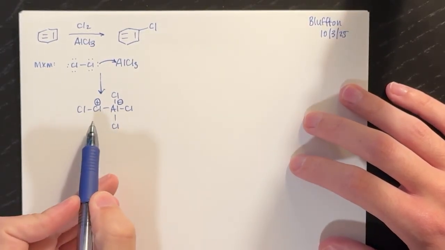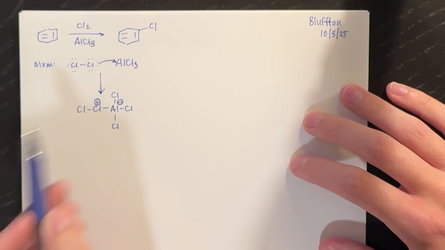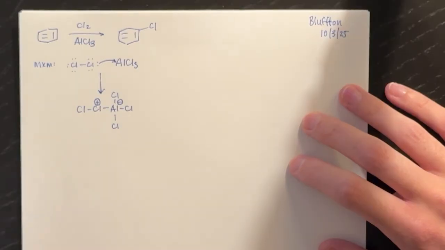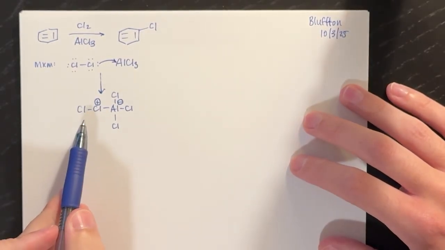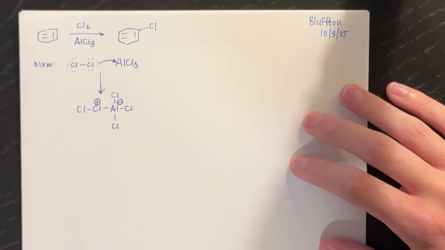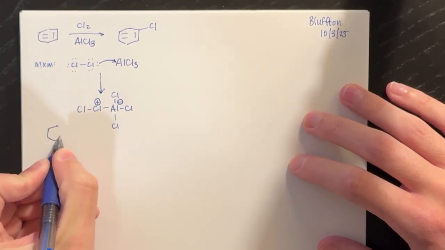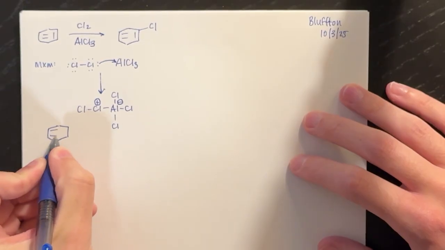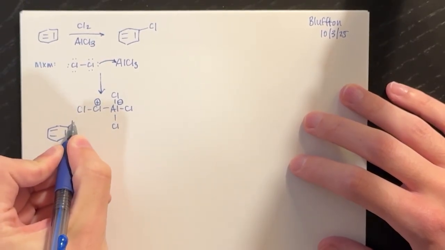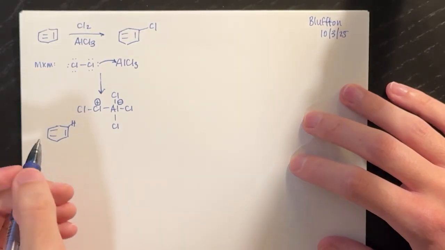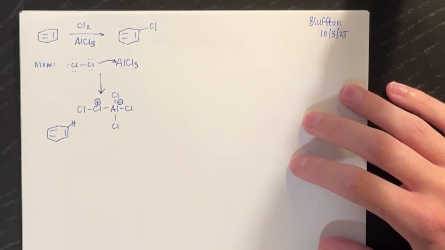And because this compound has been formed, this chlorine atom is super electrophilic. It's electrophilic enough to be attacked by the benzene ring. So that's what we're going to do. There's our explicitly drawn hydrogen that's going to end up getting substituted.